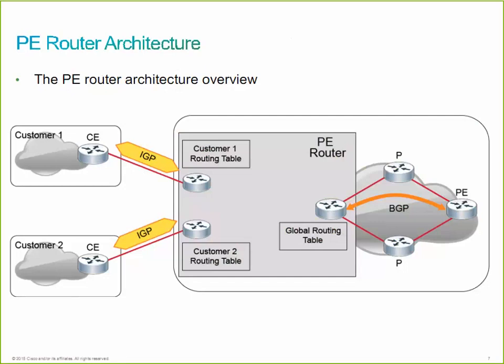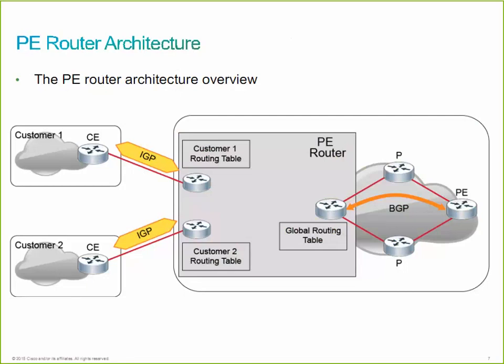But an extension of that is that the PE router has to isolate customers' traffic somehow. The routing should be separate and private for each customer on the PE router. So each VPN needs to have its own routing table, essentially. This routing table is called a VRF routing table, a virtual route forwarding routing table.